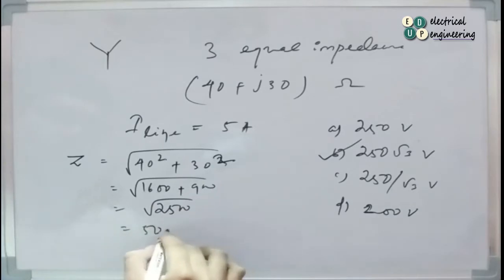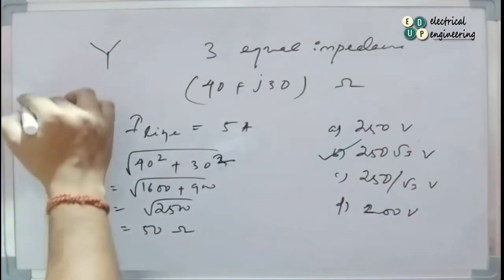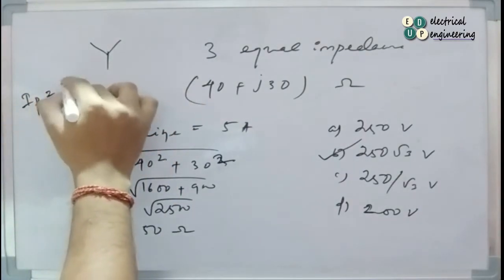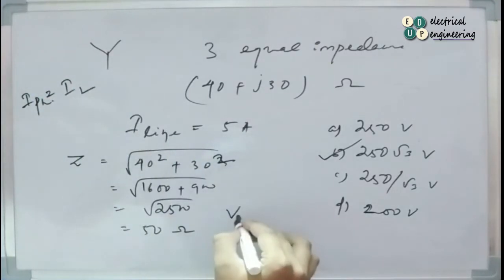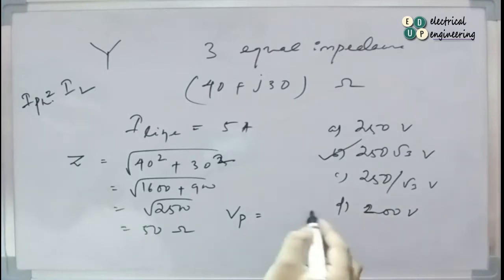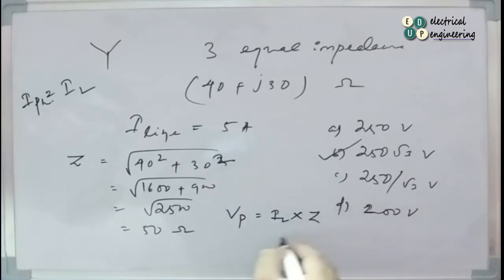So 50 ohm is the resultant impedance, right? And we know that in a star connected circuit, I phase equals I line. So to find V phase, I will multiply I line by Z.